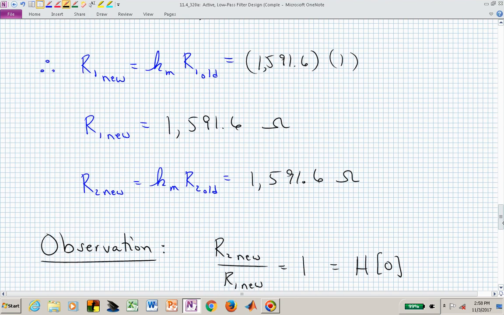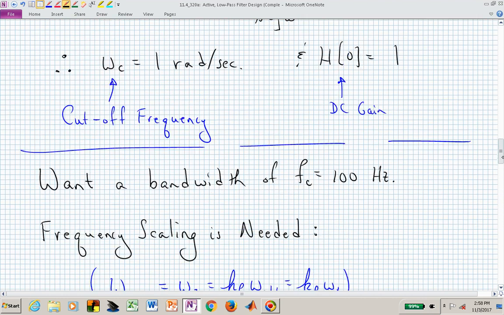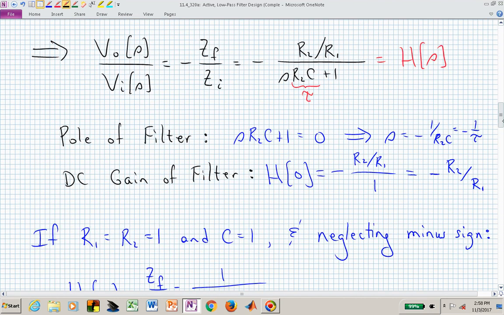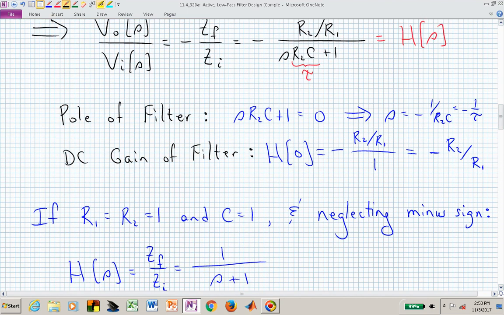However, remember what the pole was in terms of R1 and R2? Our pole location in terms of R1 and R2 is now minus 1 over R2C. So if we change R2, C is 1 microfarad, we've now changed the bandwidth of our low-pass filter. So we can't really change R sub 2. It needs to stay the same.